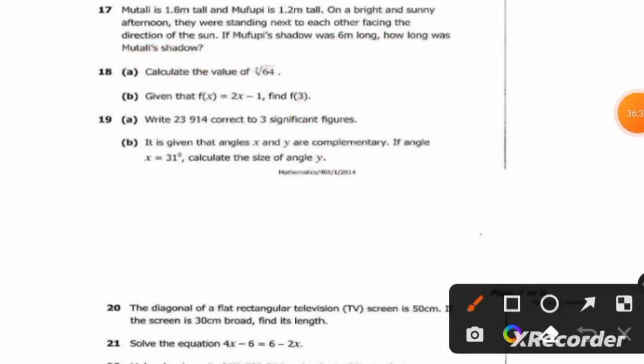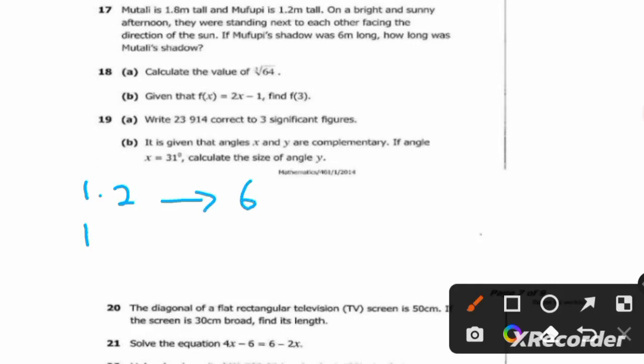Okay, so here we are going to use direct proportion. So we are told that the shadow of Mfupi is 6 meters long.